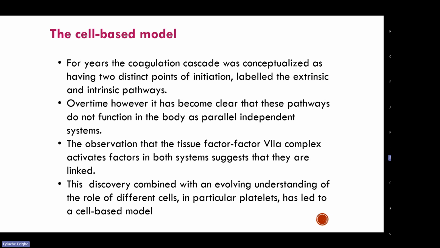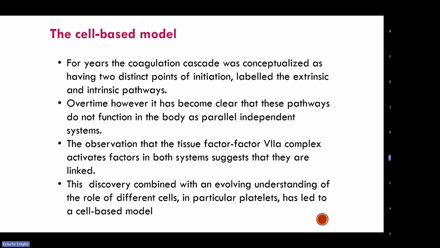Why should they say so? Assuming we have a challenge with factor 7, we find out that the intrinsic pathway cannot compensate for that fault.